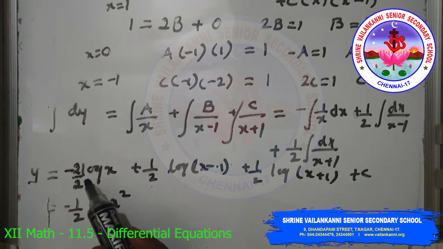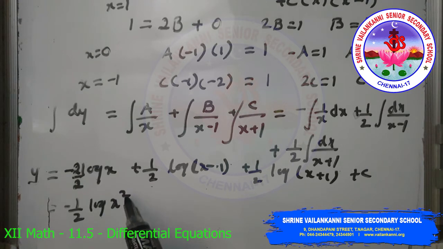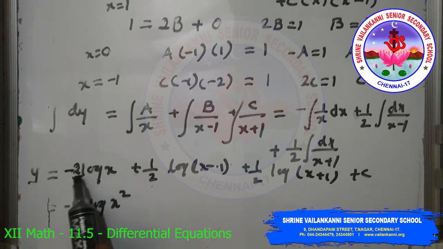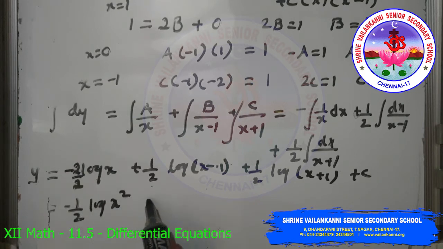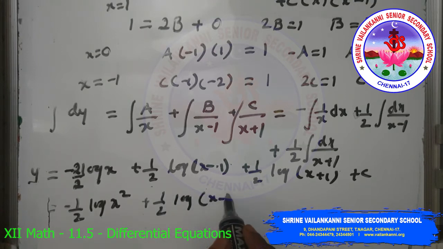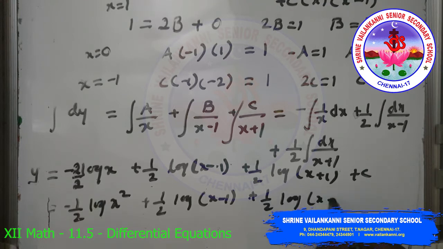Multiplying and dividing by 2 here, we get minus half of log x². Since m log x is log x to the power m, the 2 comes to the power: minus half log x² plus half log(x − 1) plus half log(x + 1) plus c.